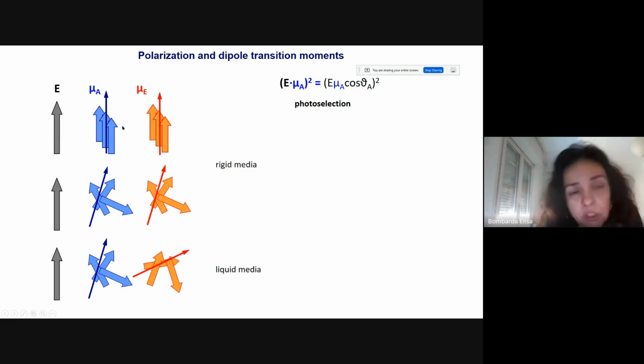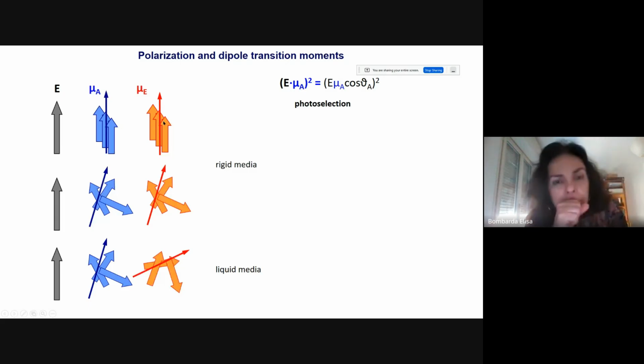It's so rigid that during the lifetime it doesn't move. So that means that nothing more happened, and the emission dipole in this case is also oriented as the absorption dipole.